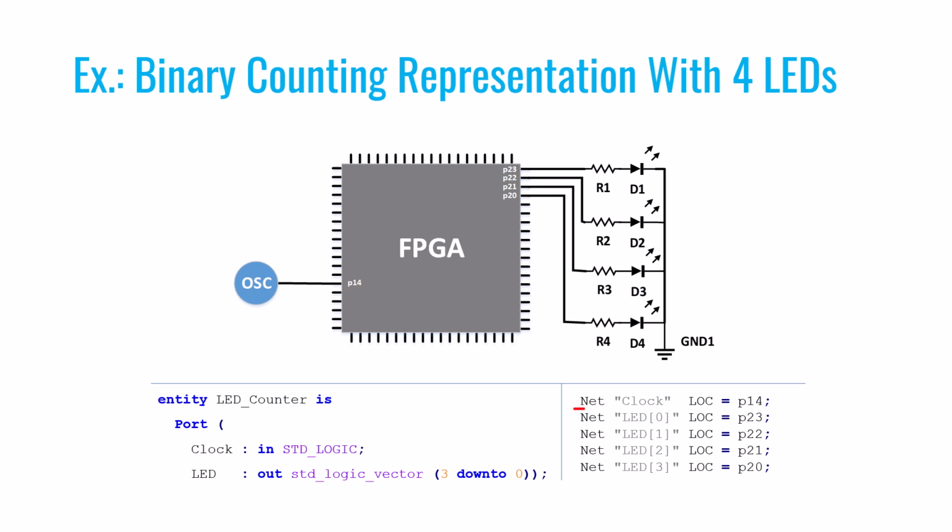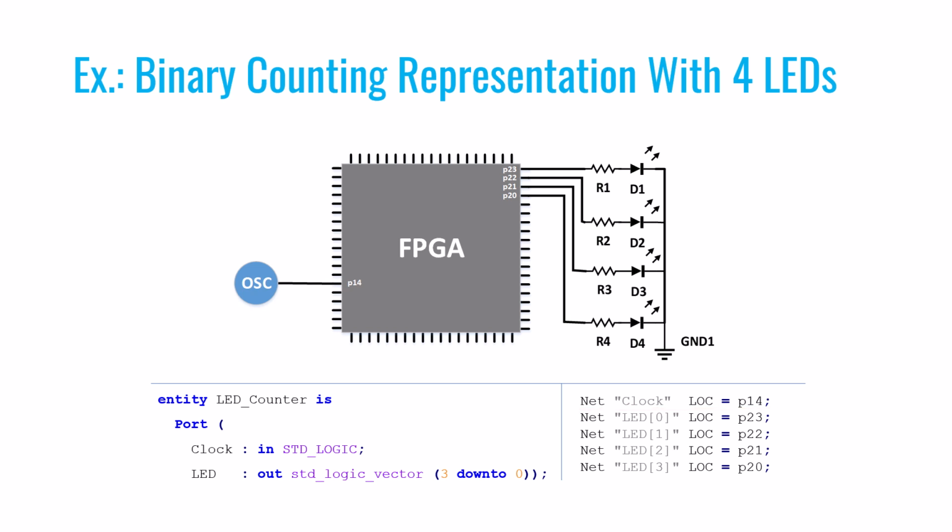The line begins with the keyword net, followed by the name of the port as defined in the entity, and then use the LOC constraint followed by an equal sign, and finally you specify the desired pin. Since we want the clock port to be connected to pin 14, we've written net clock LOC equals P14.